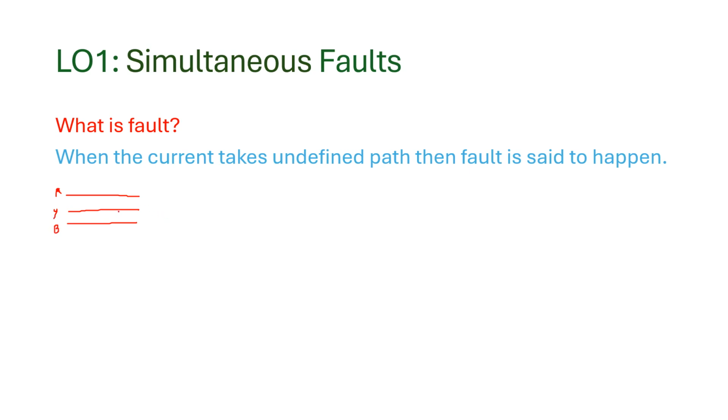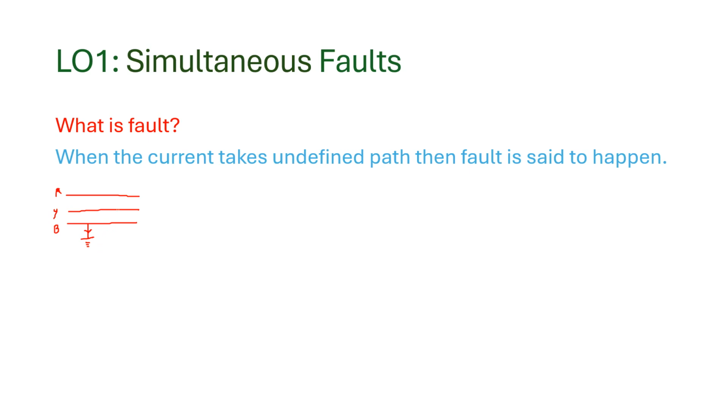Now we are expecting the current to flow in the conductor, which is connected between the towers and insulator. But if some tree has fallen on the transmission line, or there is some connection happening between the line and the earth, then the current starts flowing from line to earth. Then we say that the fault has occurred, because here the current has taken an undefined path.